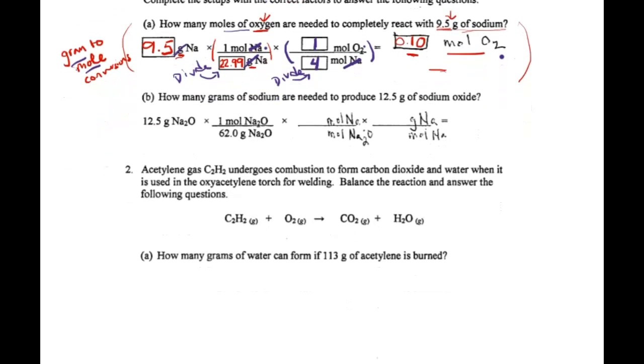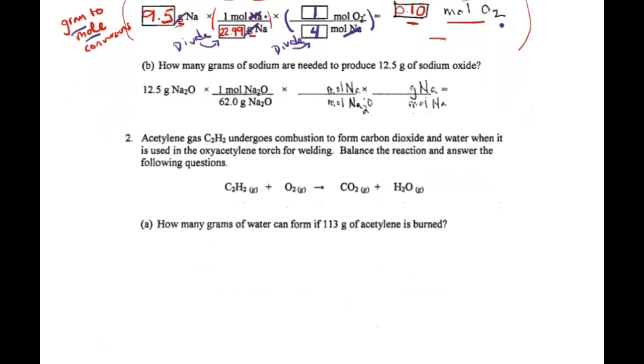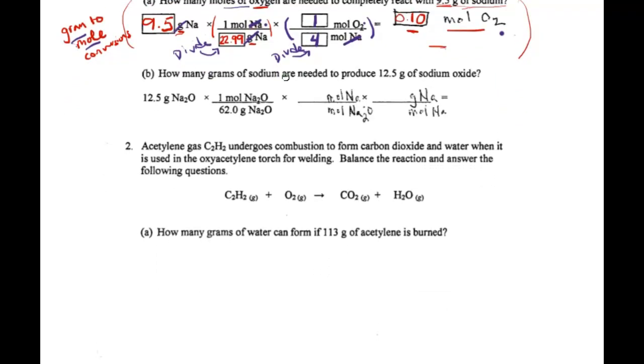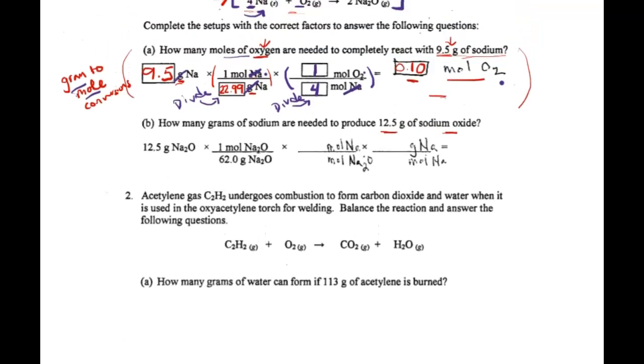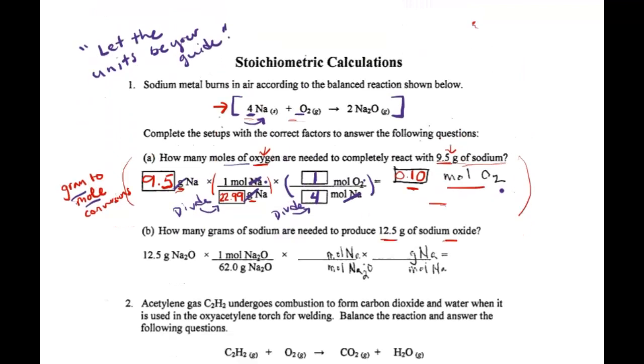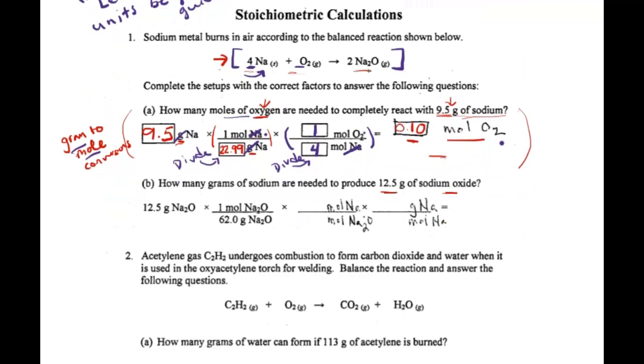If we look at the next 2 pieces here, that you will have to do, how many grams of sodium are needed to produce 12.5 grams of sodium oxide? So sodium oxide is here, and then sodium is here.